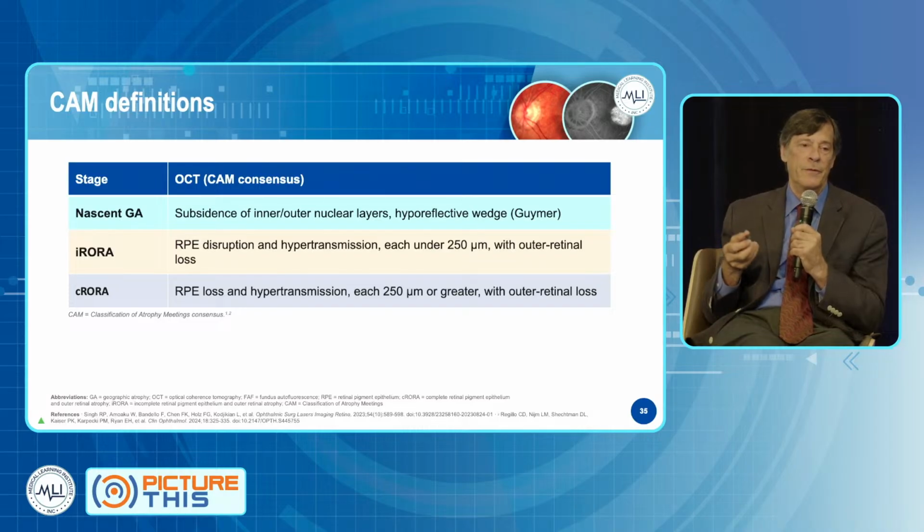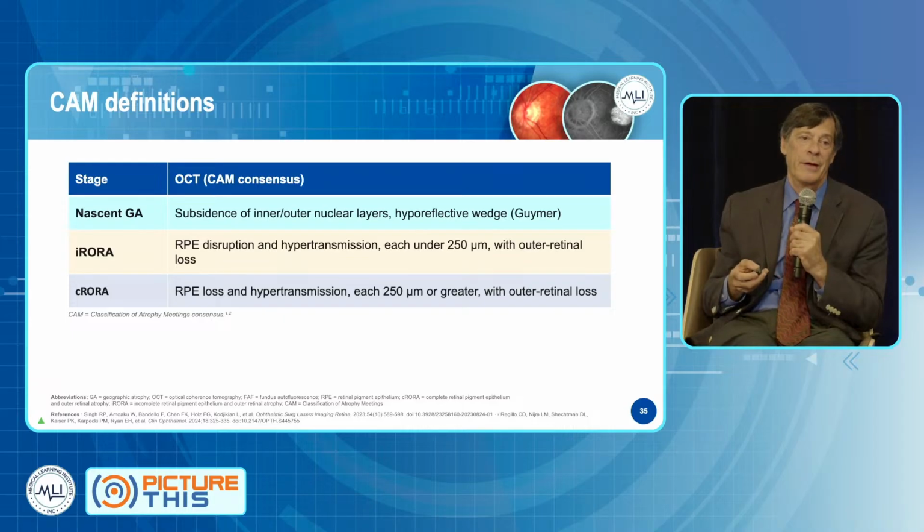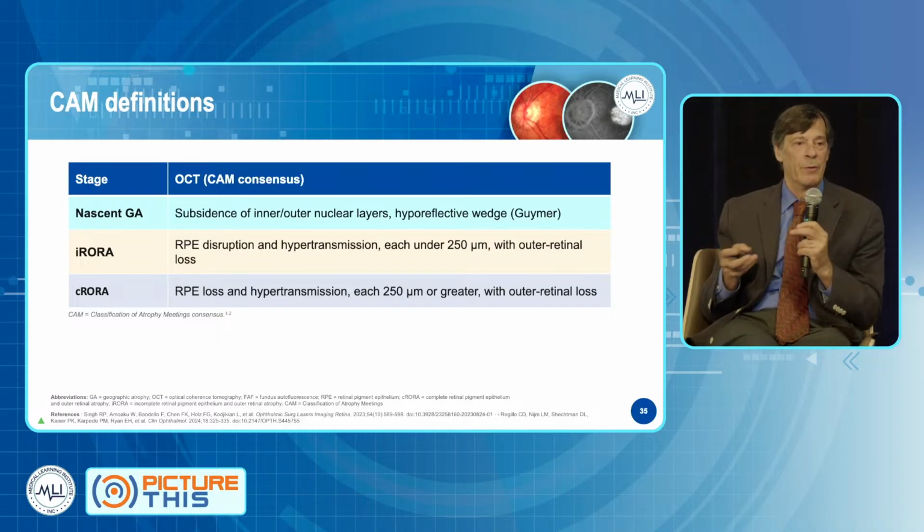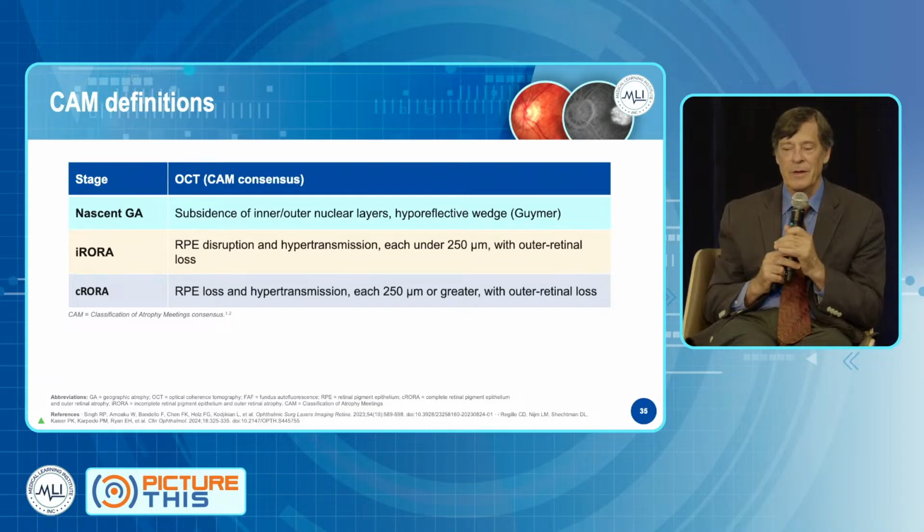And 250 microns was what was picked. And as I mentioned, that was empirical. There was no real scientific basis for it, but that was arrived at by consensus, and that's what the consensus atrophy meeting group is based on, everybody trying to come together to come to agreement.